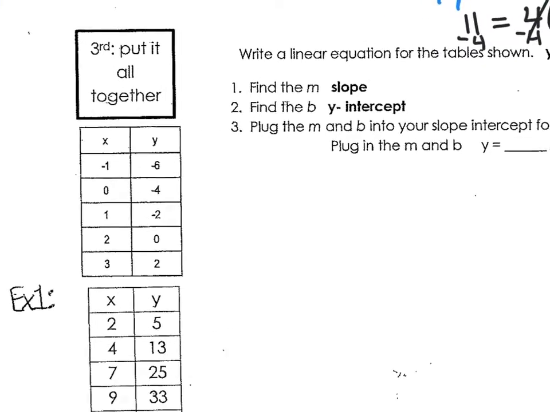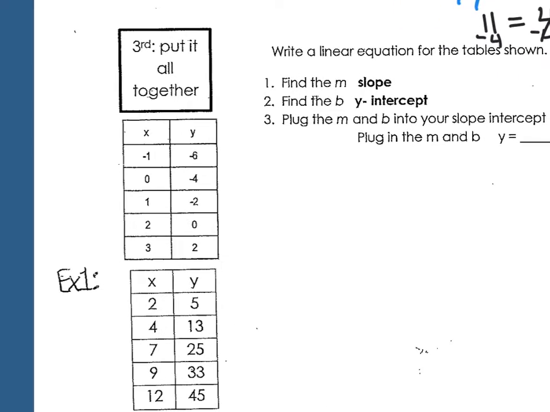Okay, on this first table, same thing. What's our change in y over change in x? Your change in y should be 2, right? And your change in x is 1.